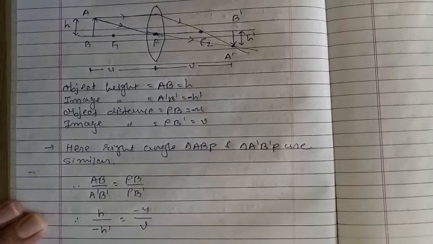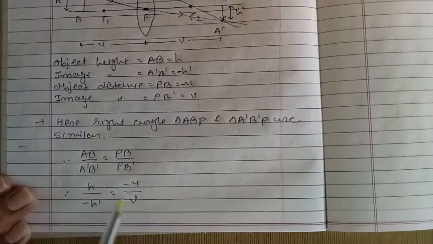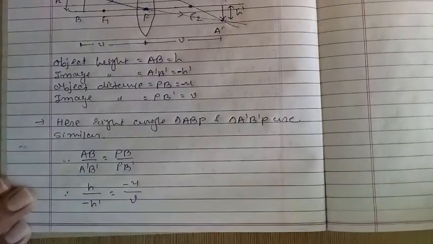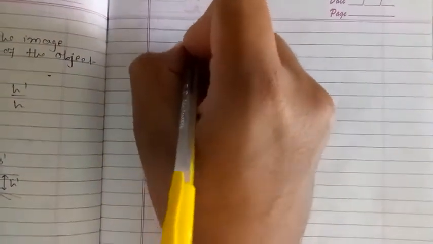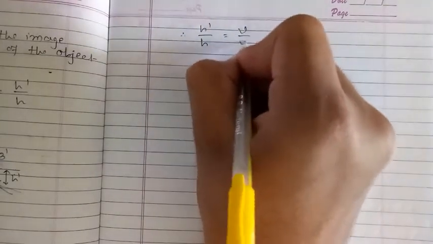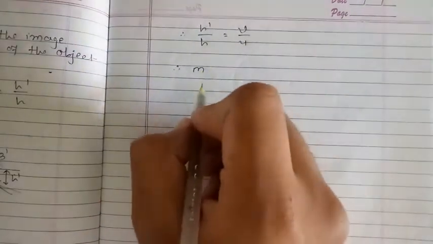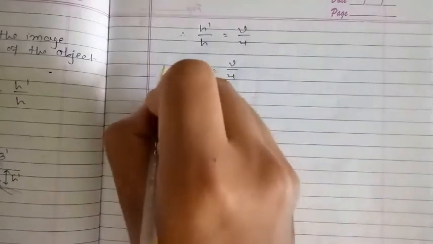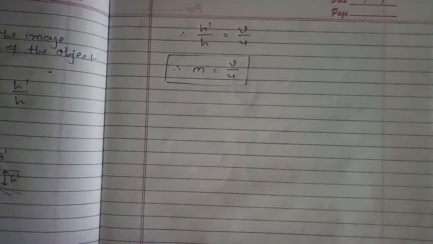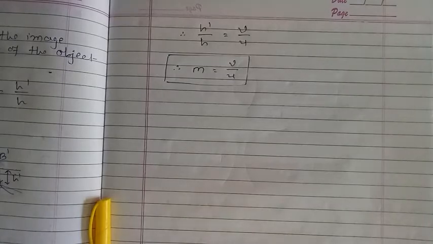Now we know that magnification m is equal to h dash by h. So here h by h dash is equal to u by v. If we take the inverse, then h dash by h is equal to v by u, right? So h dash by h is magnification m, so we get m is equal to v by u. So for a lens, magnification m is equal to v by u, right?